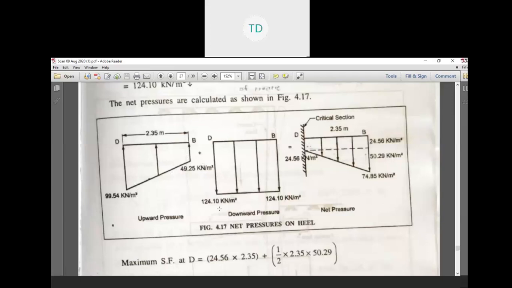Similarly, the downward pressure is 124.10 kilonewton per meter square, and the net pressure is made up of both. We get critical sections D and B. The pressure is 124.10 minus 99.54, we get 24.56. Similarly, we get 24.56, 50.29, and the final is 74.85.